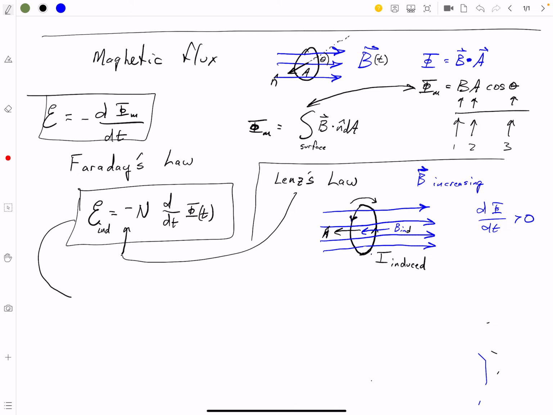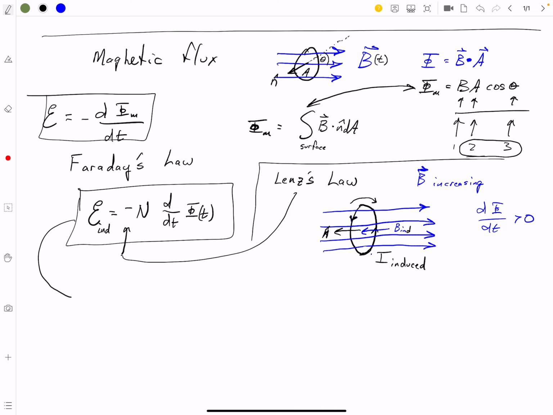And so then we can talk about motional EMF. Motional EMF induced comes from these two.